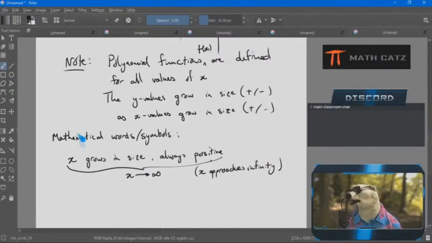It's a behavior that I'm trying to indicate. What am I looking at for the x values? They're growing and they're always positive. 10, 100, 1,000, million, getting bigger and bigger positive. So on the x-axis, I'm going to the right.